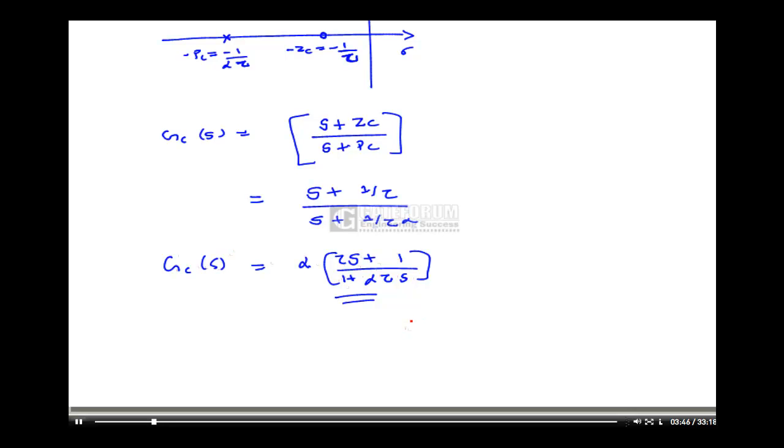Now we look at physically how this compensator will look, that means the electrical component-wise representation of these compensators. The combination of resistance and capacitance can make this compensator.